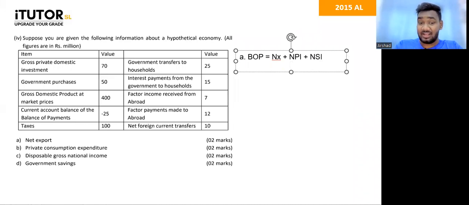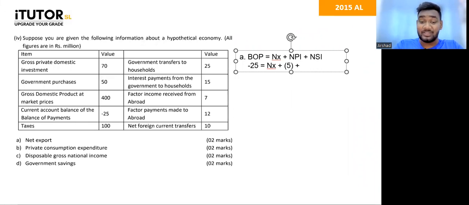So BOP current account balance, they have said minus 25. Net exports is what you have to find. How much is net primary income, guys? Primary income received from abroad is 7. Factor income paid to abroad is 12. So my net primary income is minus 5. How much is my net secondary income?